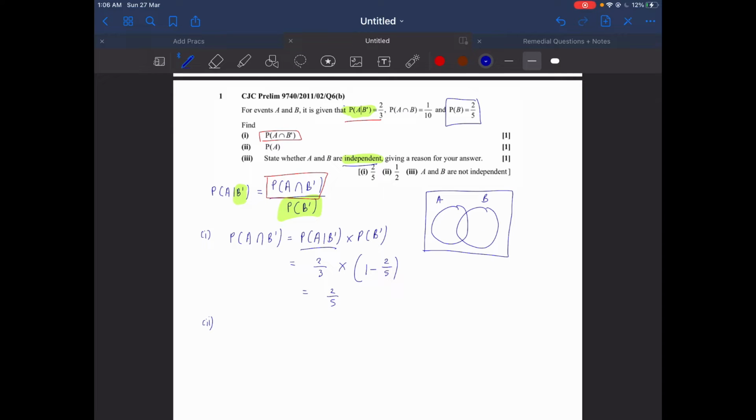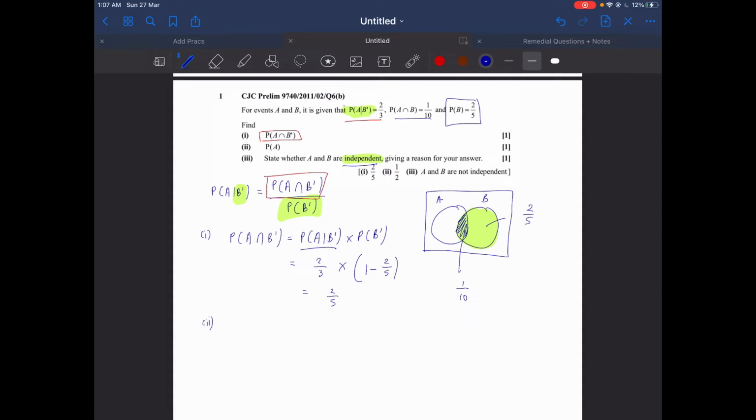So now let's tackle part 2, where we are to find the probability of A, which is represented by this area in the Venn diagram. So we are given by the question that this part is 2/5. This part is 2/5, and then this intersecting part is 1/10, since the probability of A intersect B is 1/10.